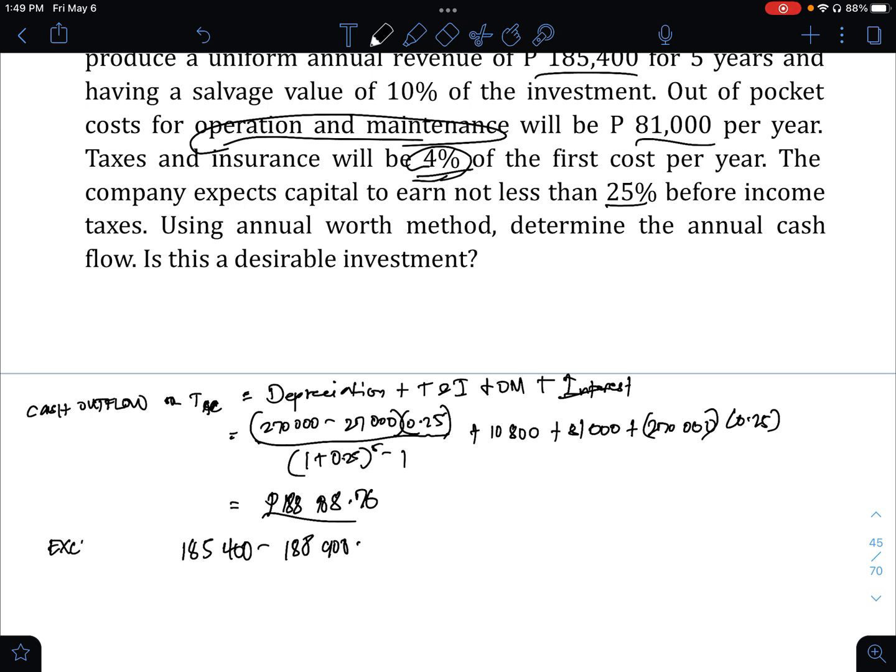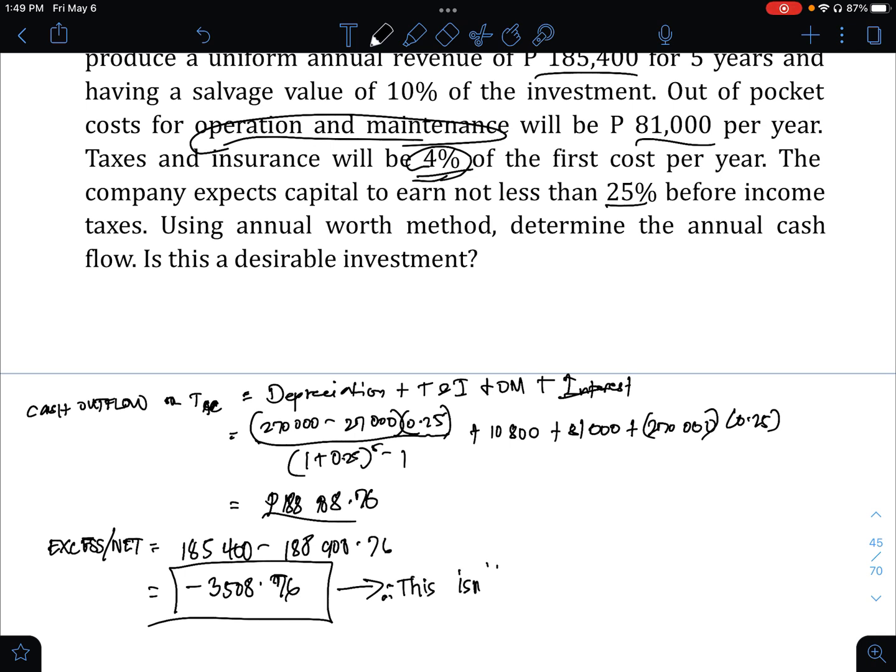So muna siya itong gitawag na excess or net profit, minus 3,508.76. Obviously, this is negative, no? So, according sa annual worth method, dapat annual cash inflow minus annual cash outflow should be greater than or equal to 0. And look, nalugi ka po ng 3,508.76 pesos. Therefore, this investment is not desirable.